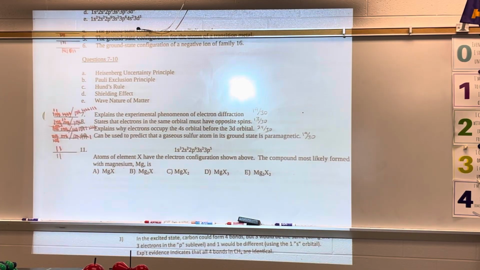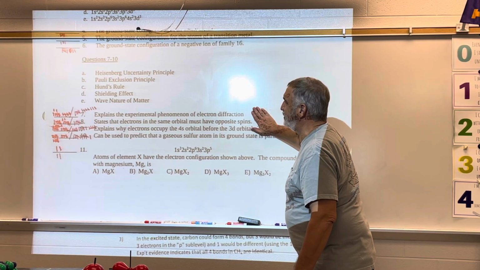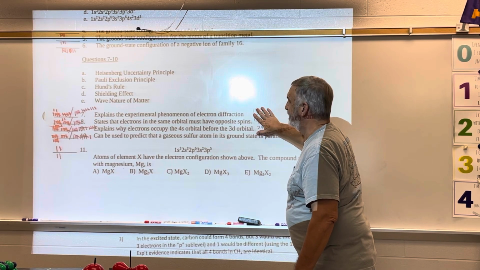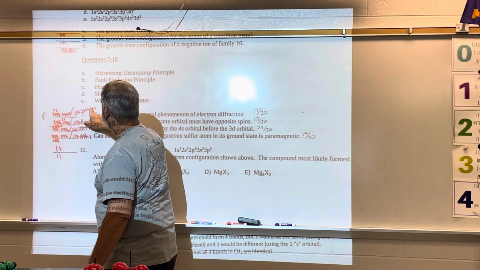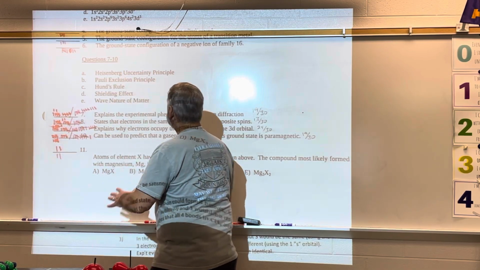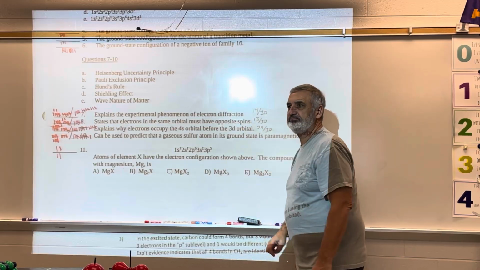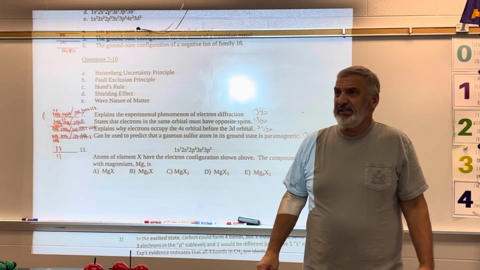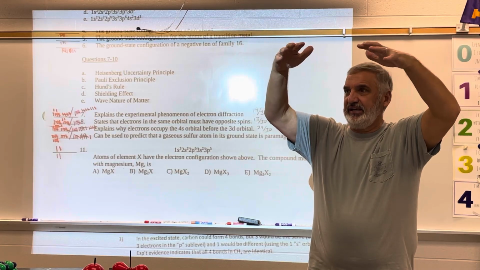Now this was before the last 8 people took it, so this number is even greater. You can see on this one, 5, 10, 15, 20, 25 out of 38 missed this one. Explain the experimental phenomenon of electrons. What is diffraction? That's the wave pattern of light, right?